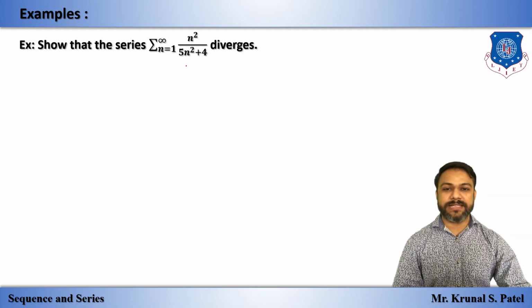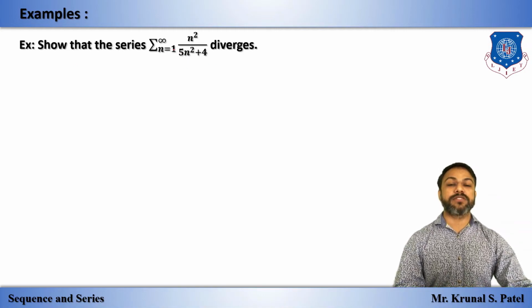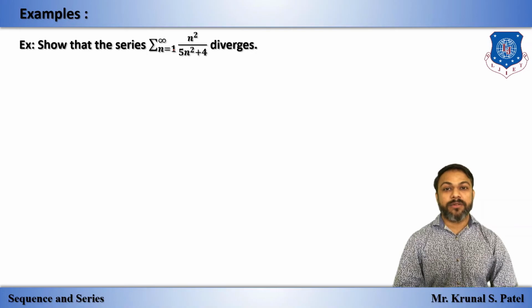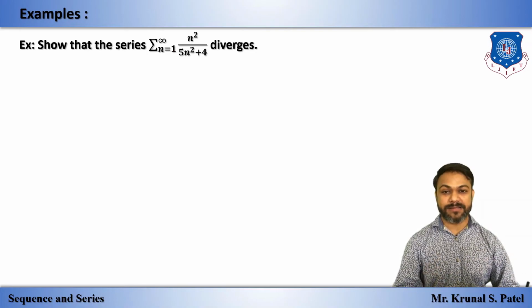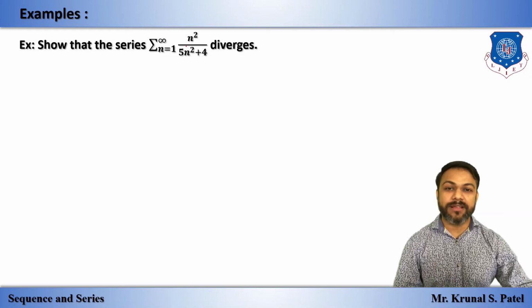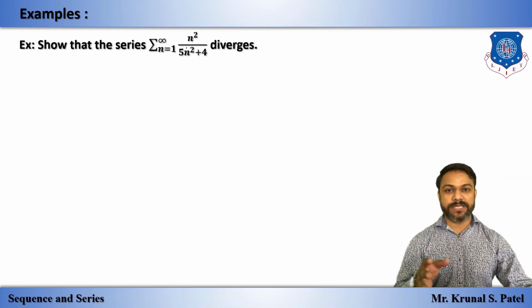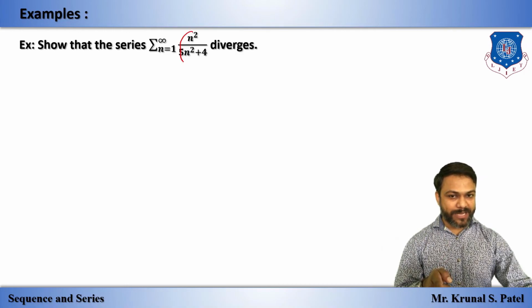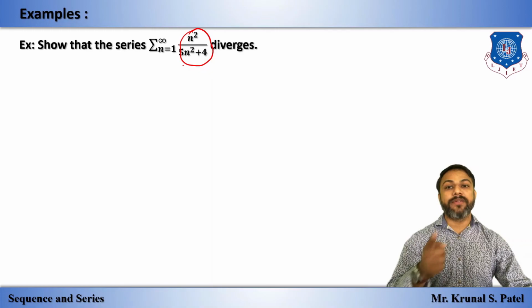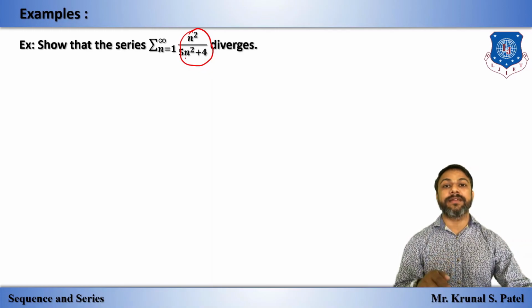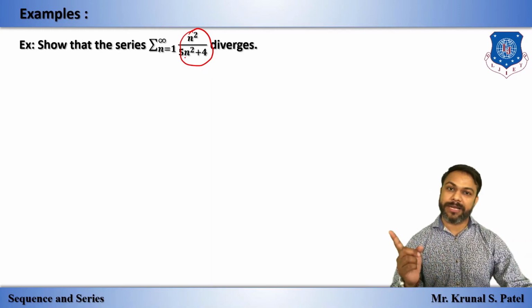Show that the series is divergent. Here nothing is mentioned about which test you will apply. If you can find Sn of this un, then you can apply that. If it is clearly a geometric series, then you can apply that test.